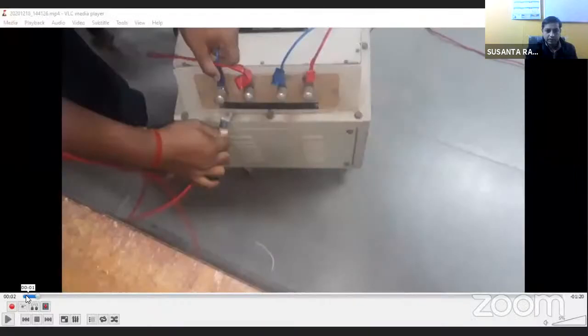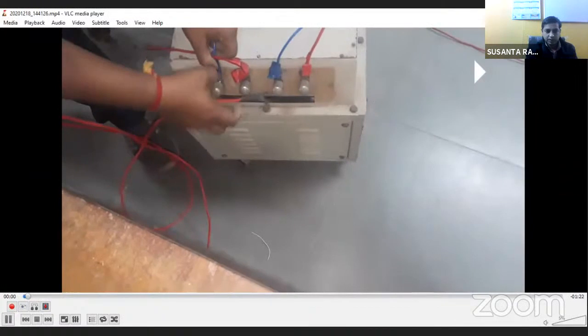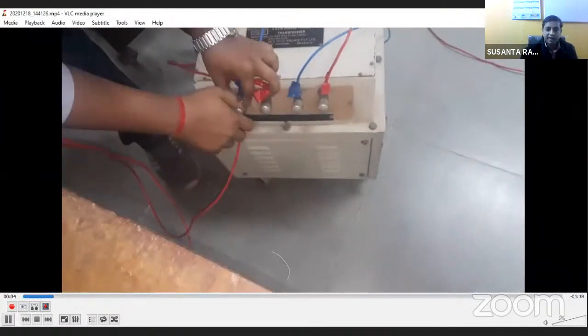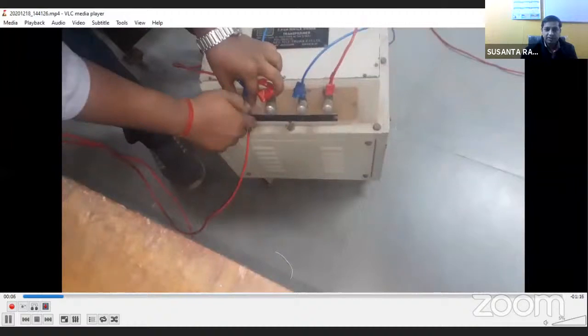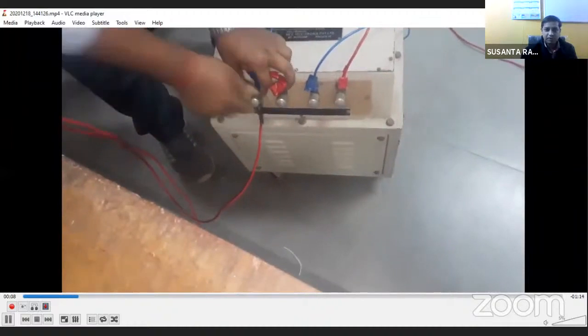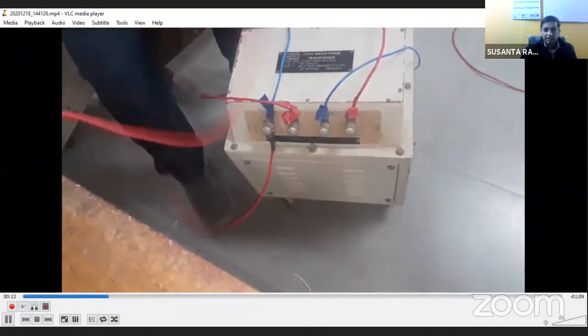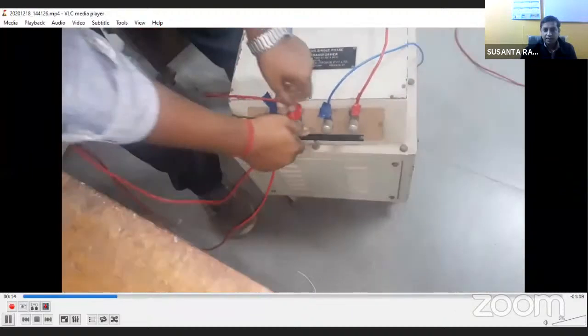Okay, so let me share one more video. Now we are giving the excitation to one of the low voltage coils. Terminals 1 and 2 we are connecting with the supply.